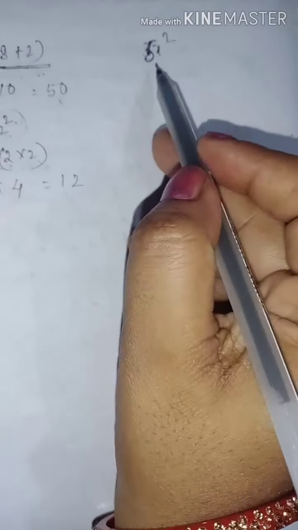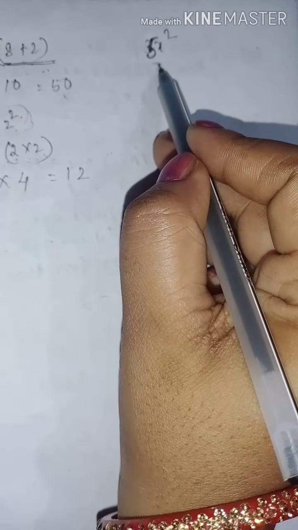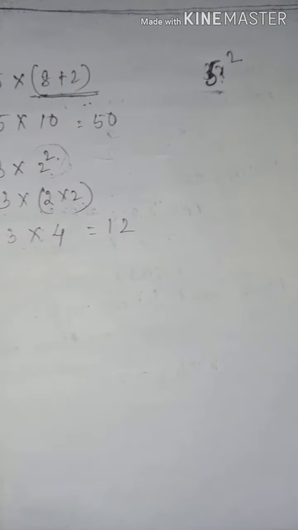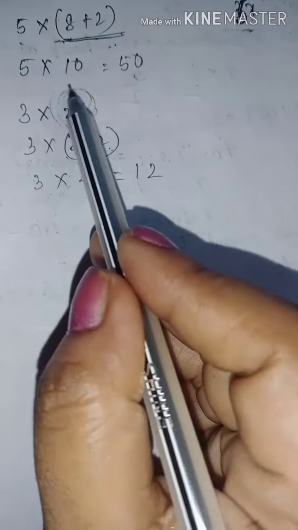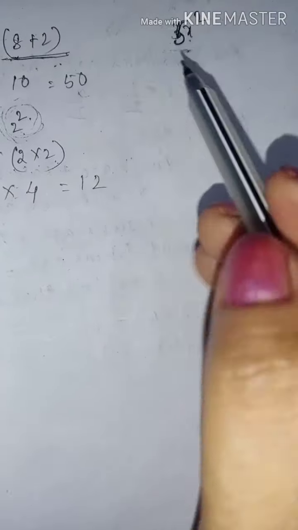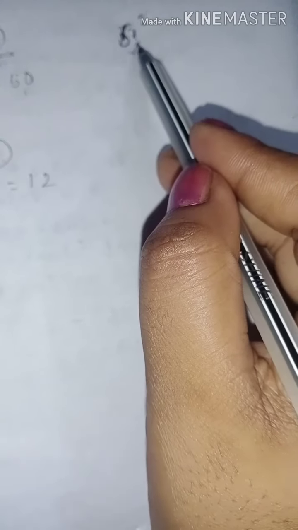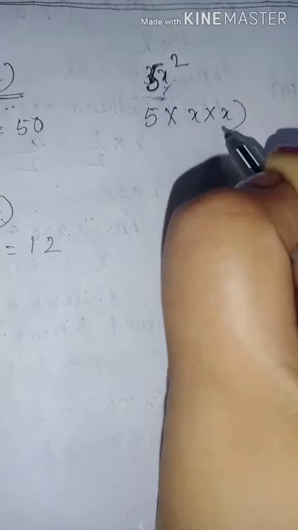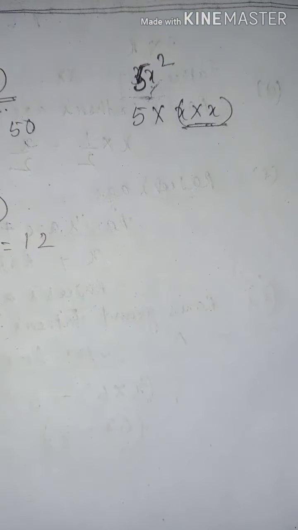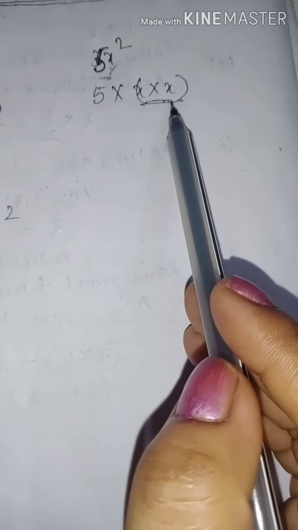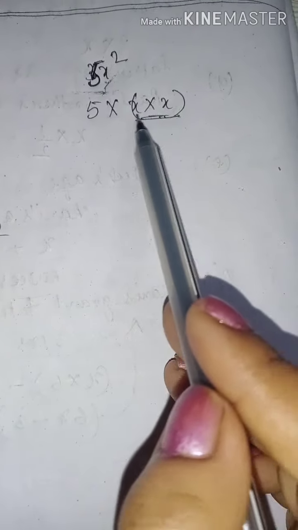How will you calculate its value? 2 square means 2 into 2, 2 multiplied 2 times, we can understand. But x square, what value are we getting? Here 5 into x into x. But we cannot understand this value. What is the value of x? We don't know, because it is an unknown quantity. It is a variable.